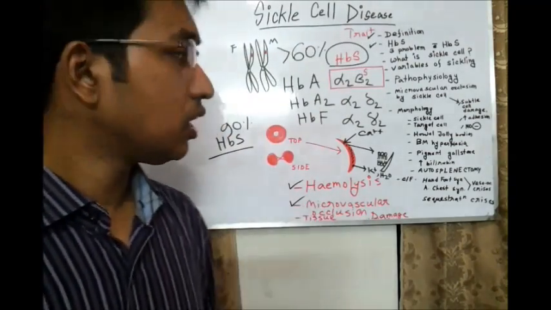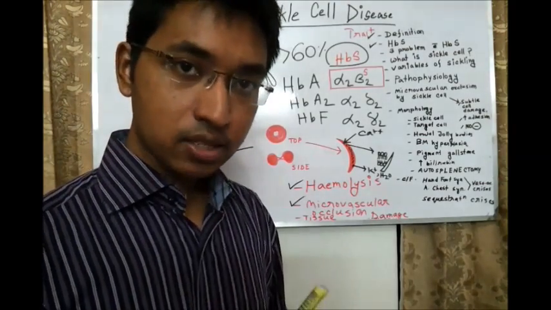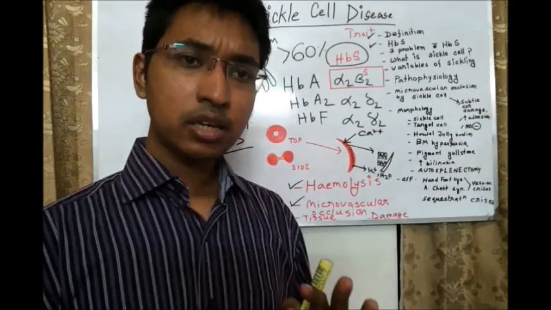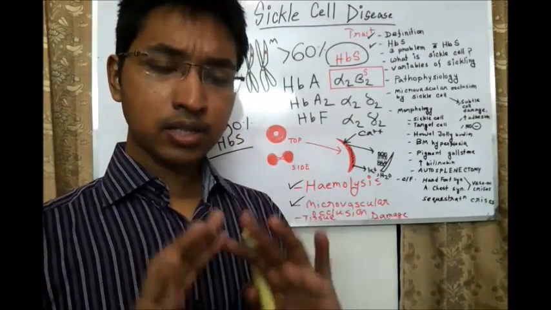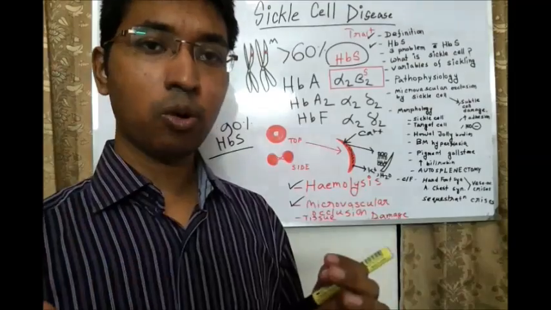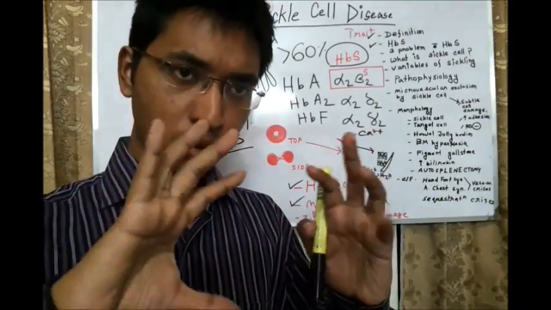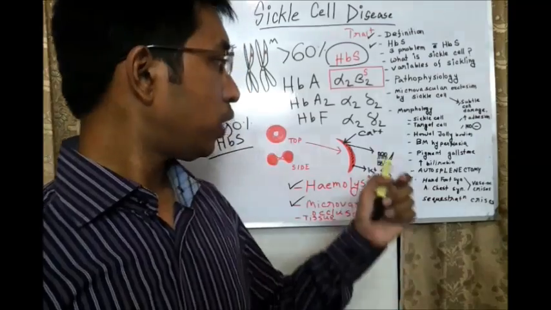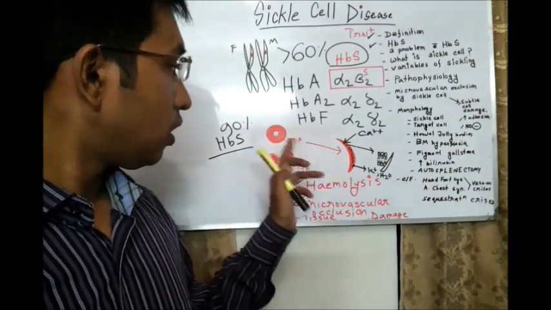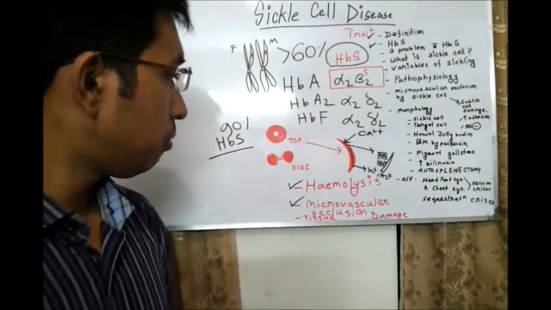And the reason is, in sickle cell disease, we are making the cell dehydrated. Now, think of RBC as a basketball. When you deflate a basketball, what happens? You see some blebbings on the ball. Similarly, when we are dehydrating an RBC, sometimes the RBC makes some blebs.